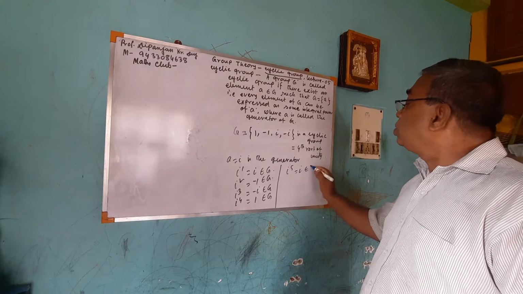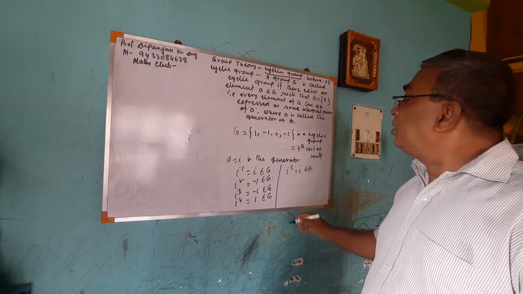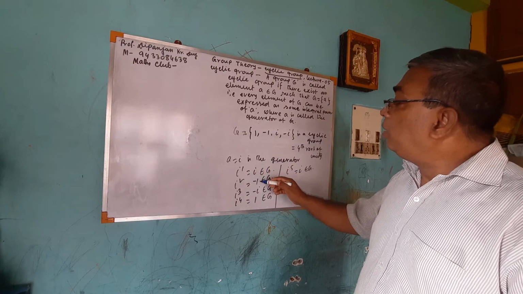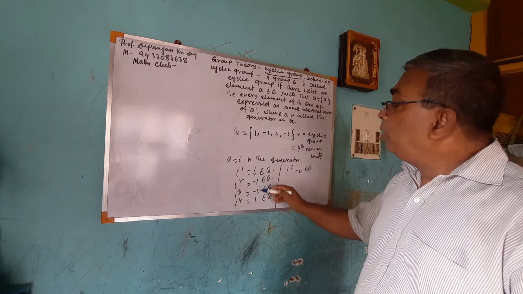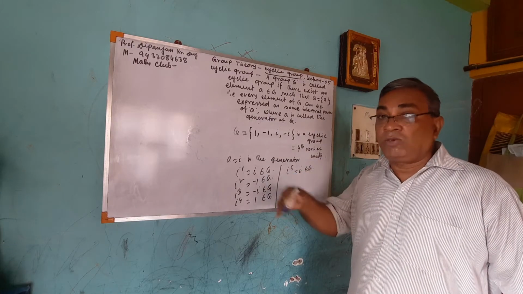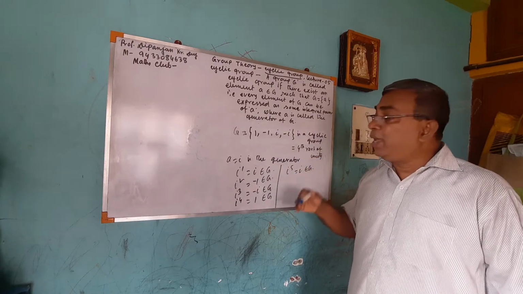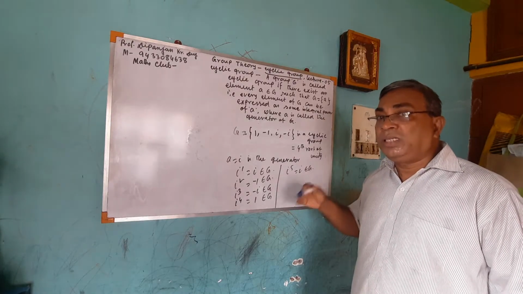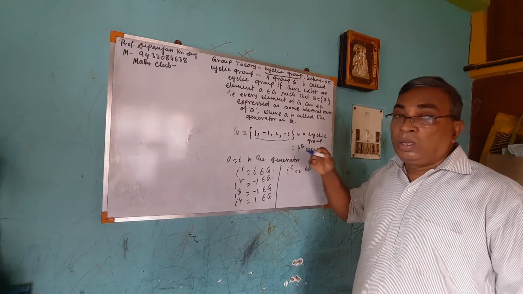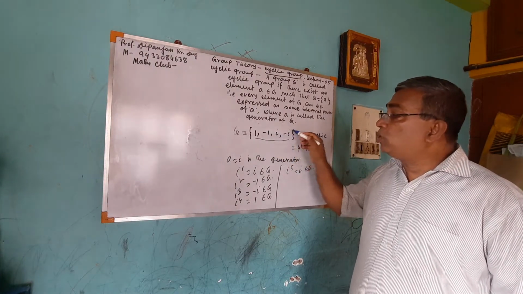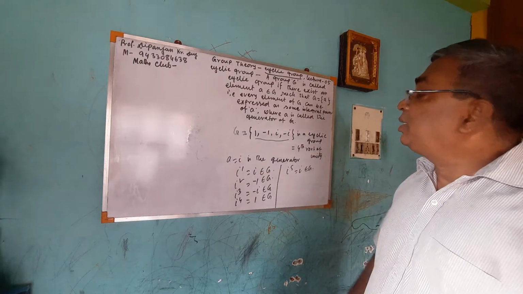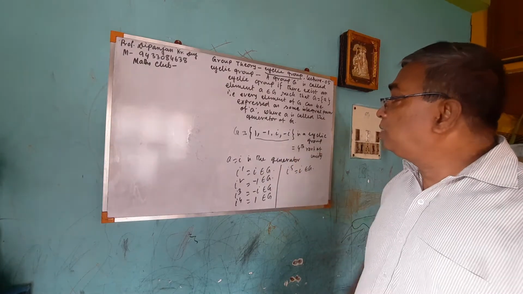This also belongs to G. If we increase the power, the value will be either i, minus i, plus 1 or minus 1. If we increase the power to i to the power 6, 7, 8, any increase, we get these four values. So that means we can say i is the generator of this group.